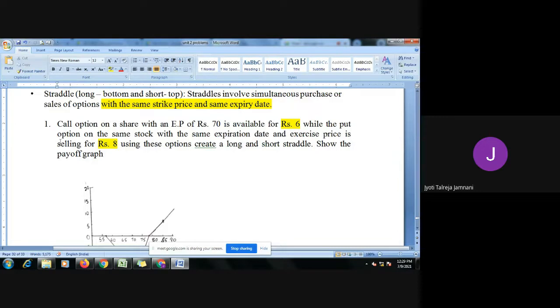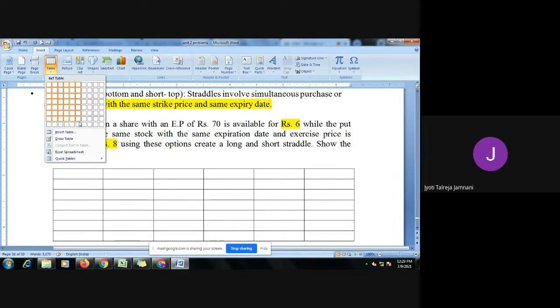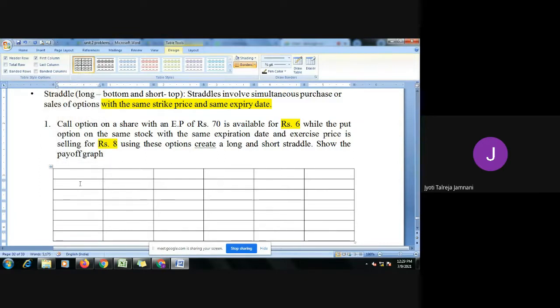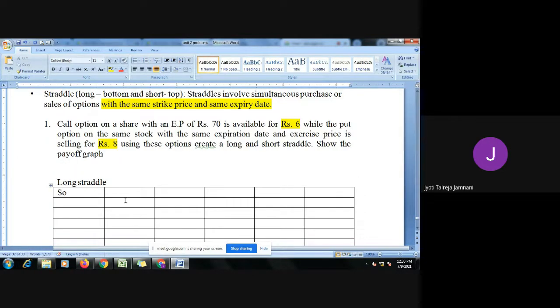To draw it, the first column will be the share price at expiry, then it is a long straddle. I'll write about the long straddle first. For a long straddle, we buy.